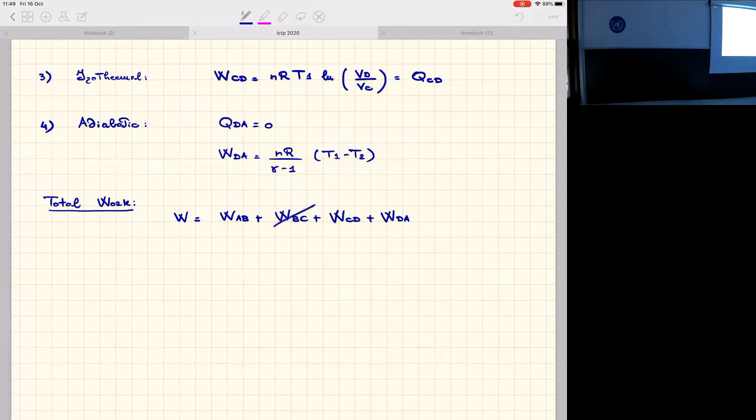So this one cancels this one, and therefore you're left with the two isotherms, which are nRT2 log of VB over VA plus nRT1 log of VD over VC.